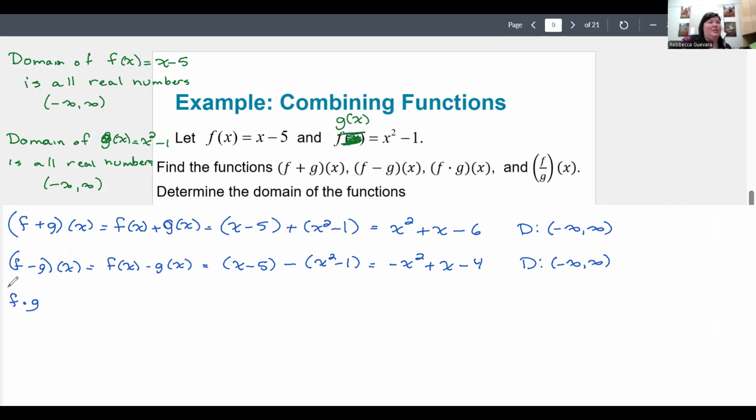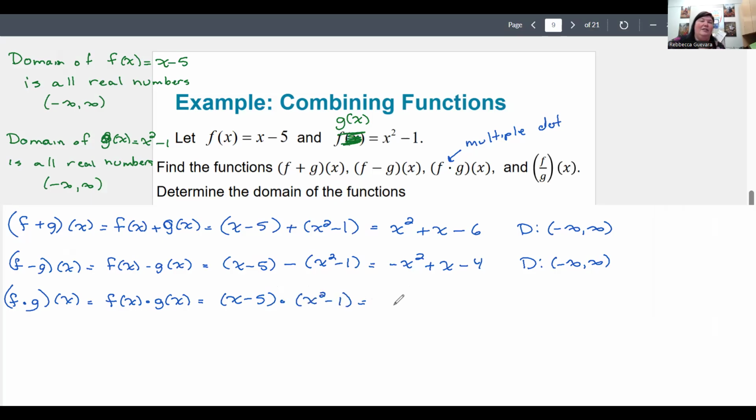So we have f times g. That means we're multiplying. Pay attention to that little dot. There's going to be a change we're going to see here. So that is a multiply dot. So we're going to have f of x times g of x. In this case, this is x minus 5 for the f of x times x squared minus 1 for the g of x.